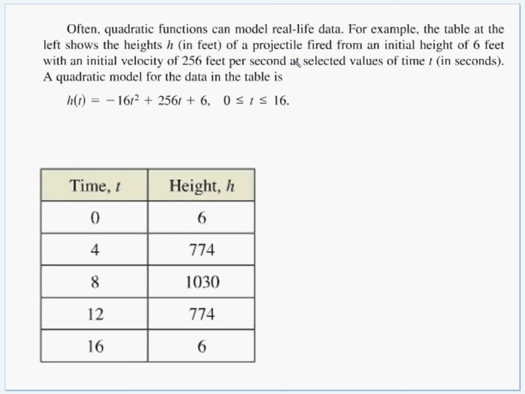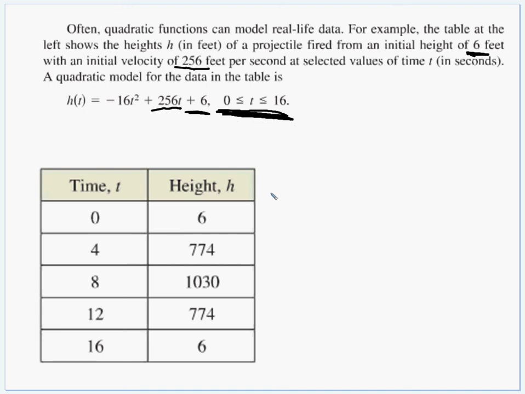With the time t in seconds given below, we have this quadratic function that models the data. It starts out with negative 16t squared plus 256t. That 256 is the same as the initial velocity. And then we have a plus 6 constant, and that 6 is our initial height, where we were standing when we threw the ball. And it says this model works for all t values between 0 and 16.